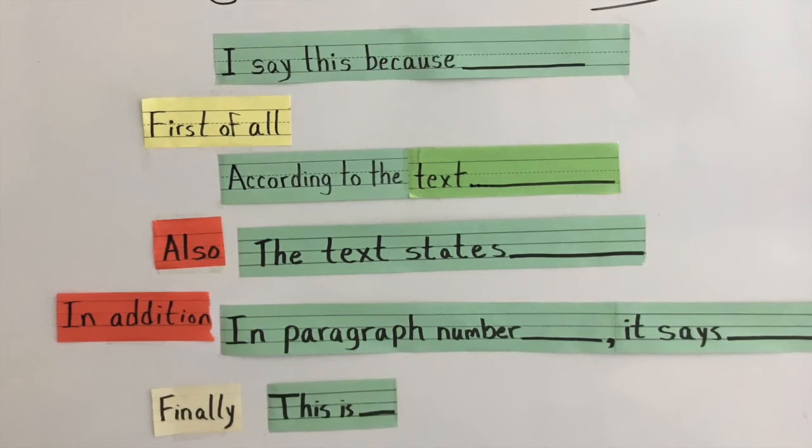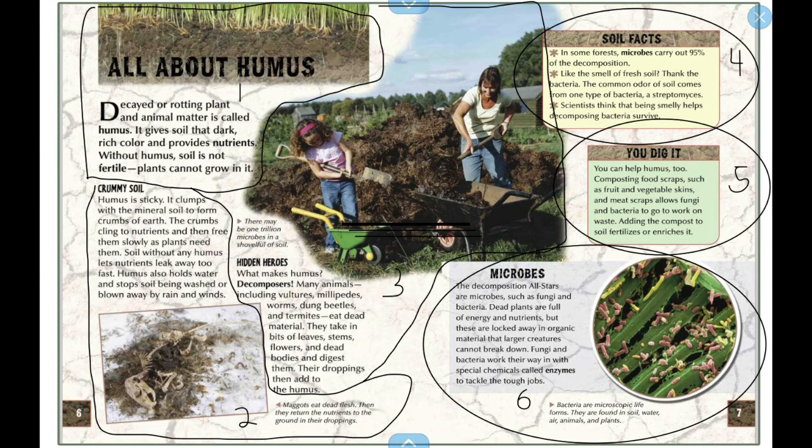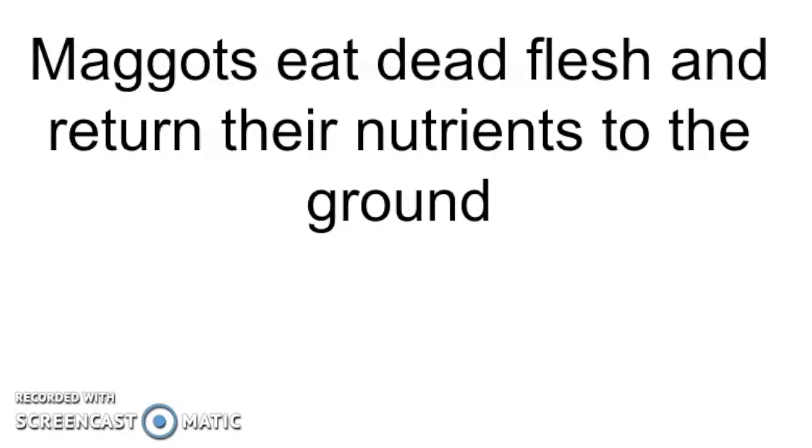Now, we need to look for some proof or evidence from the text that supports our topic sentence. So let's look in part 2, and here the caption says, maggots eat dead flesh and return their nutrients to the ground. That is evidence that supports the topic sentence.